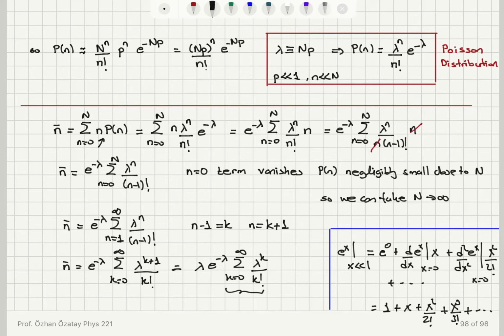So this is approximately equal to e to the lambda for lambda small. So it has to be a small value of lambda.